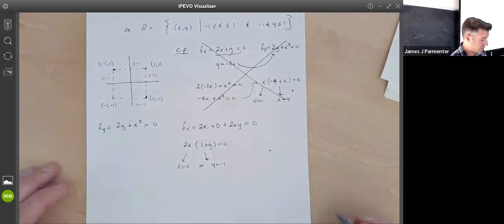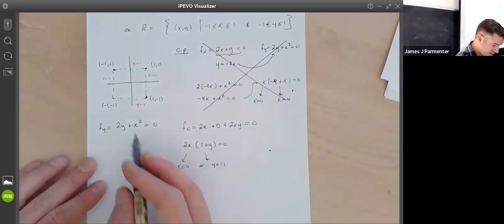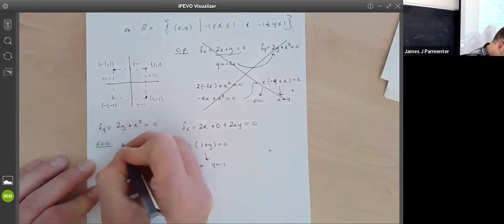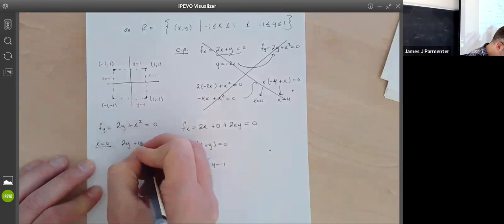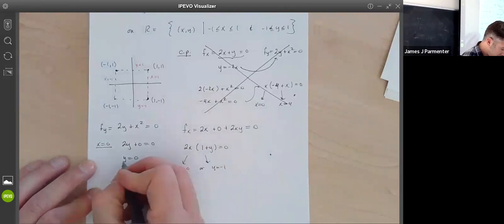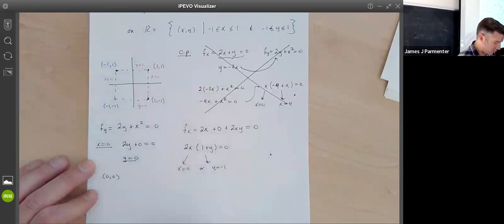So let's plug in our critical points and see what we get. Or I should say, let's plug in our x values. If x is 0, then I'm going to get 2y plus 0 equal to 0, so y equal to 0. So (0, 0) is a critical point.